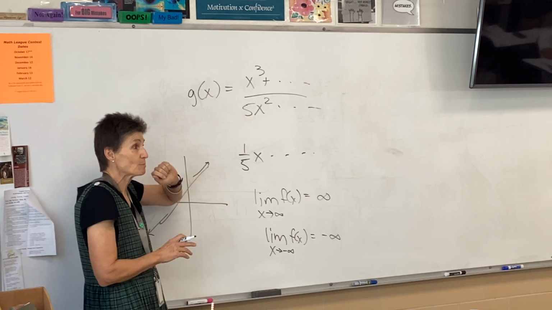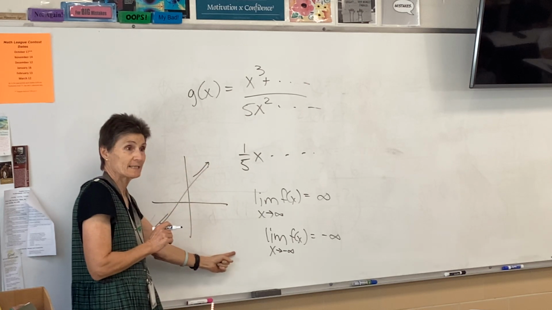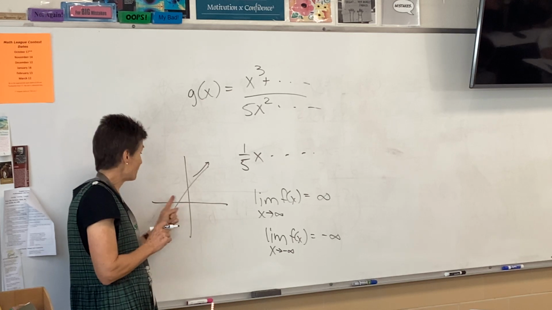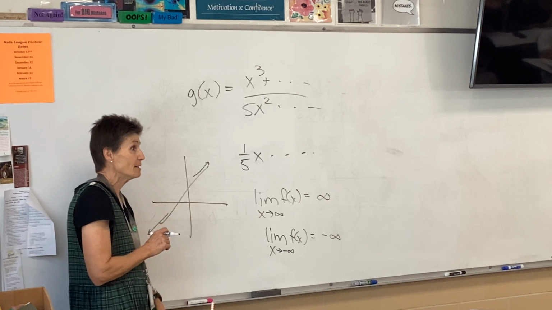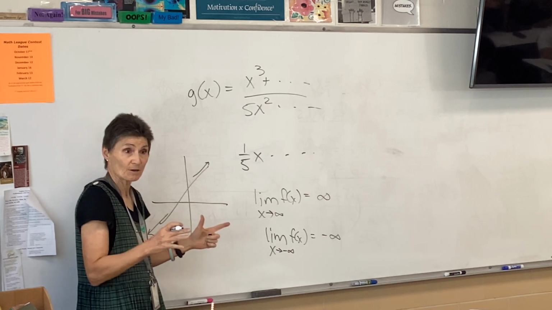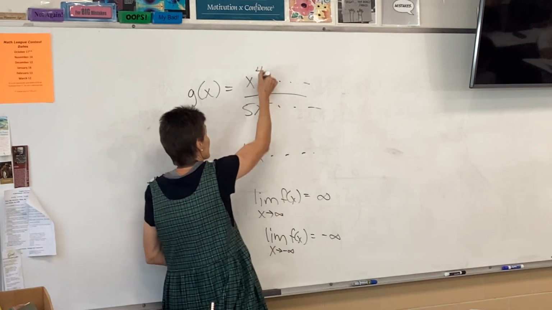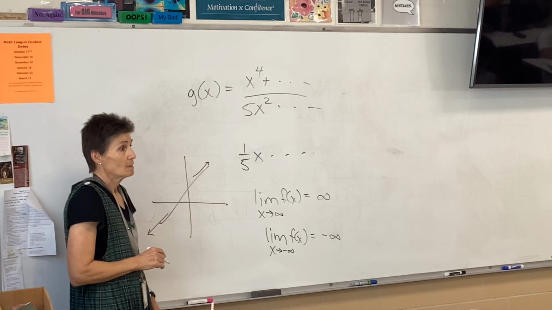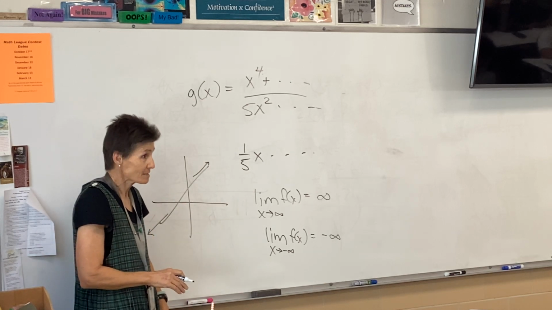If the slant asymptote were negative 1/5, then wouldn't the picture be going like this? So on this side, I'd be positive infinity, and on this side, I'd be negative. All that can be told just from considering the asymptote. Now, even further than that, what if this had been x to the 4th? Then I wouldn't have a slant asymptote, exactly. But I would have an asymptote.